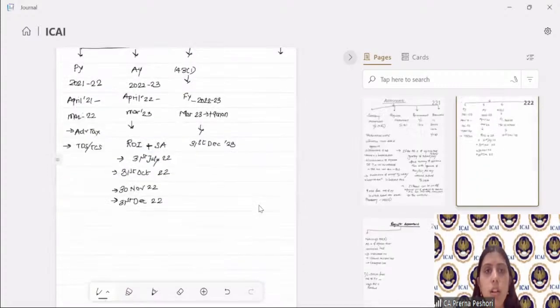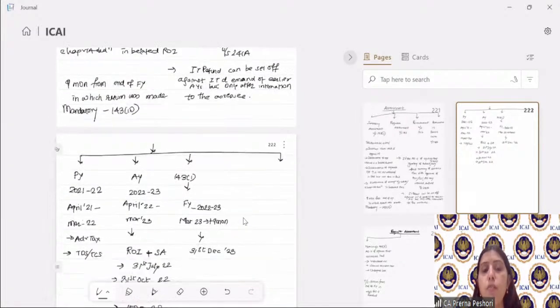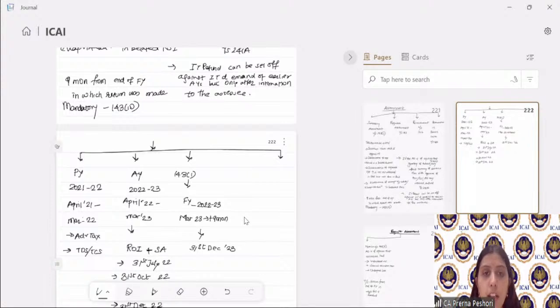Here, if you notice, 143(1) was how many months? It is 9 months from the end of the financial year. Now 143(2) has to be within 3 months. For financial year 22-23, by maximum June 23, I should get this notice.